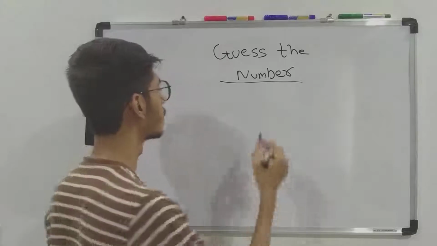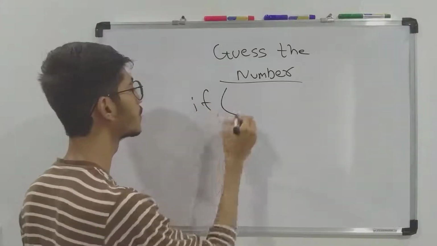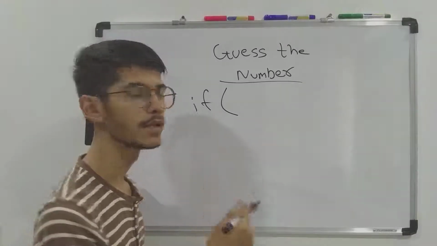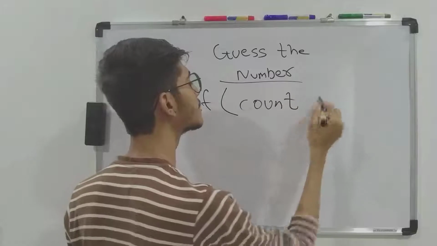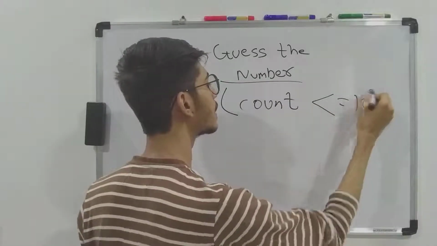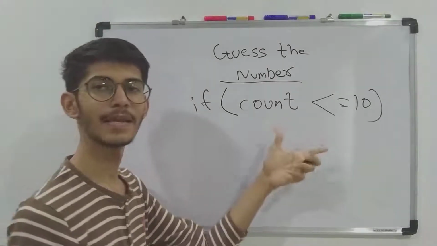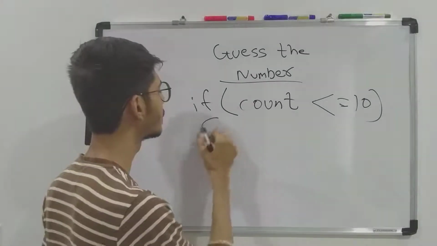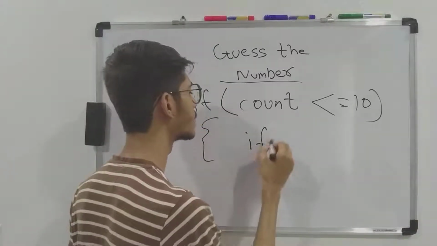For this we will first need an if condition. In this first if condition, we are going to check whether the count is less than or equal to 10. If the count is less than or equal to 10, then we are going to go further and write another if statement.